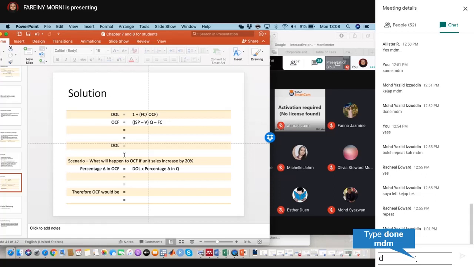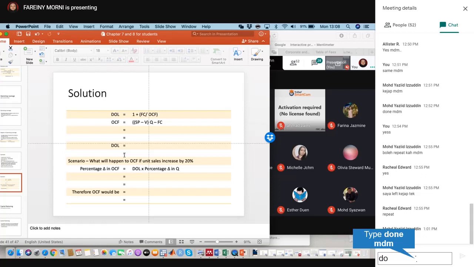So using your financial calculator, you can get this just in case you guys don't remember. 3.5 million PV, 20%, I over Y. 5 is N, 5 years, and then you press compute and PMT.